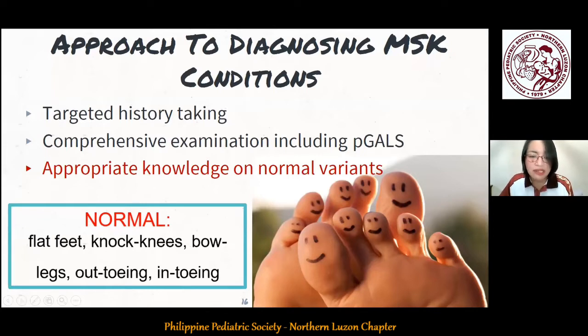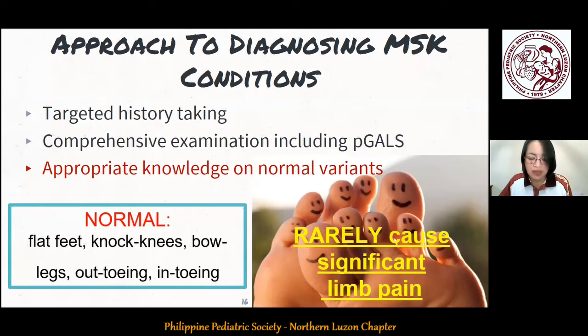But this should be resisted, okay, because they are all normal variants in growing children. Hence, these rarely cause significant limb pain. In most cases, the problem is a variation of normal development, which follows a benign and a predictable course. So Dr. Leong already discussed when will these variants resolve. Rarely does the problem persist into adolescence or require any treatment.